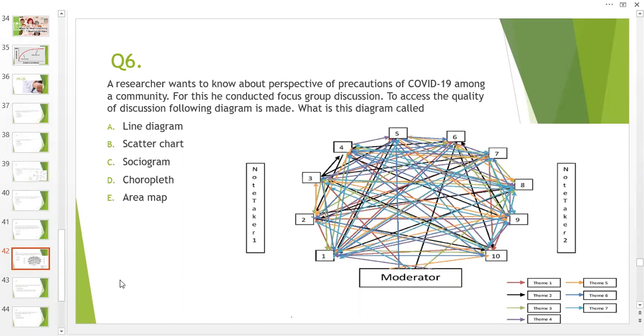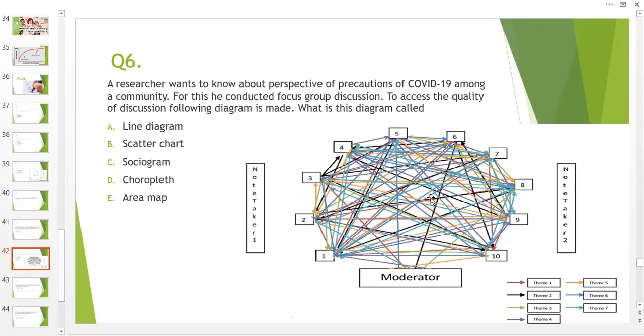Line diagram, scatter charts, sociogram, choropleth, and/or area map. D. The correct answer is C, sociogram. Now, after the focus group discussion is done, we can plot the discussion in the form of this graph.